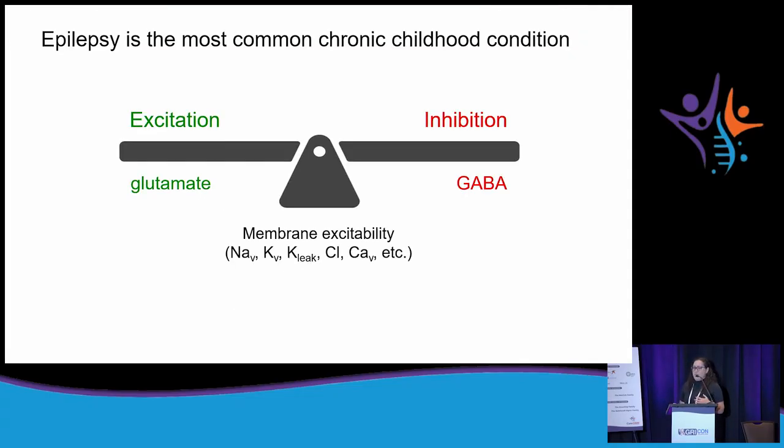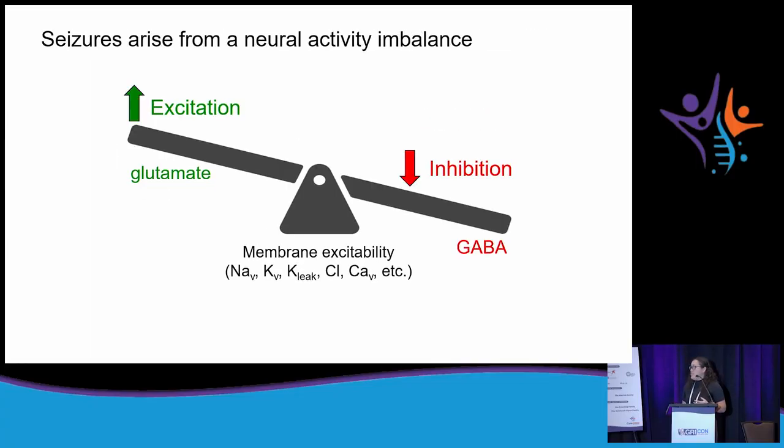So my interest primarily lies in epilepsy and seizure disorders, as epilepsy is increasingly becoming the most commonly diagnosed chronic childhood condition. So in the neurotypical nervous system, as we all know, activity exists in a standard balance between excitation and inhibition. Seizures then arise when there's an imbalance in neural activity, and this can be due to an increase in excitation, a decrease in inhibition, altered membrane excitability of neurons, or a combination thereof.